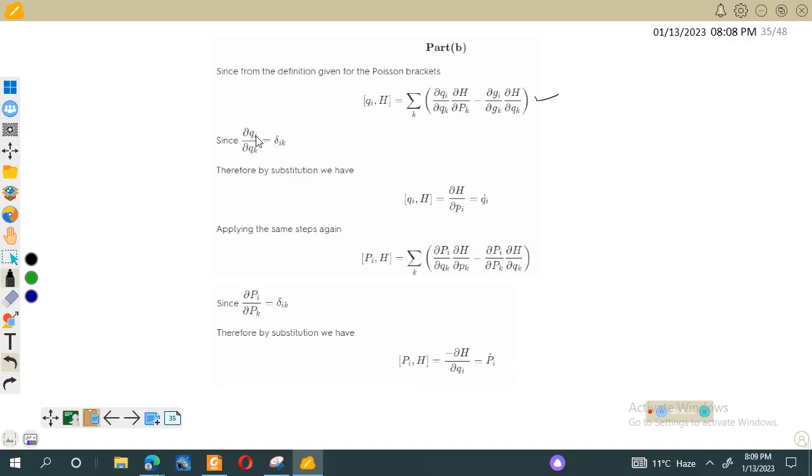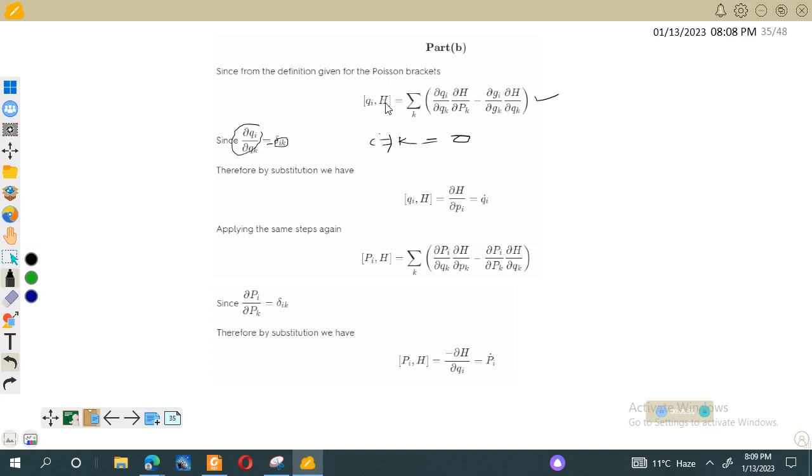And we know that partial qi over partial qk is equal to the Kronecker delta. If these two indices are equal, this will be equal to 1. If they are not equal, meaning i is not equal to k, this will be equal to 0.